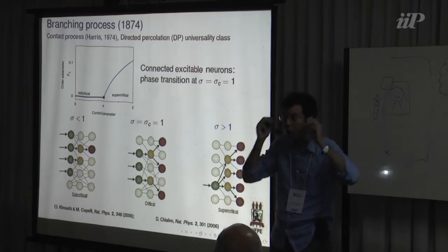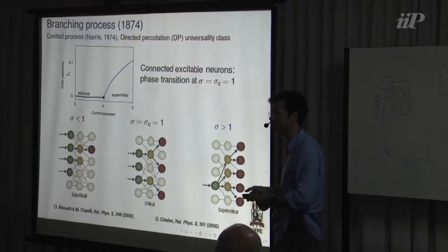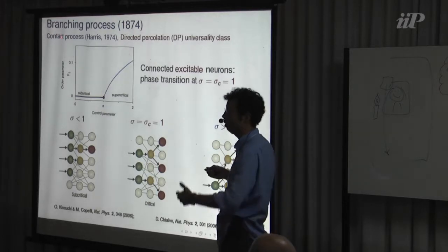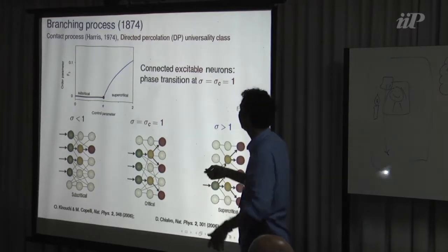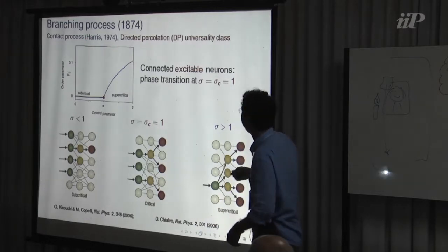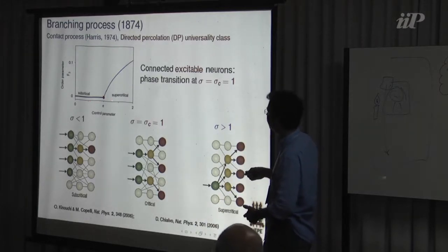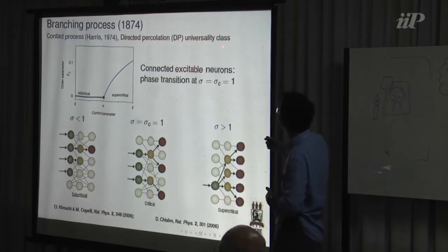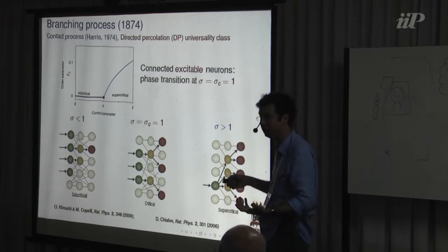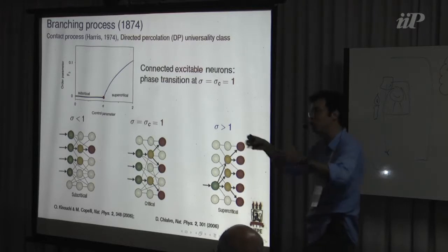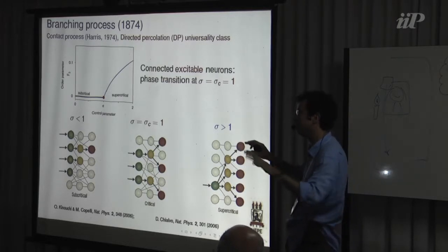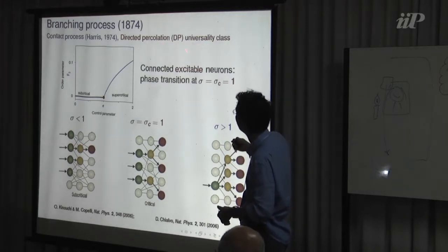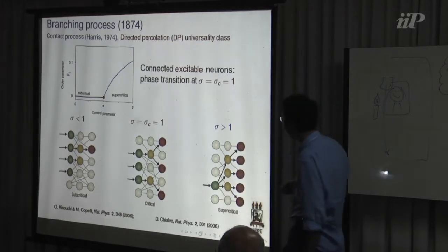Yes, the Galton-Watson process, which was then revisited and, well, reinvented, put on a lattice by Harris in '74, and then this kind of phase transition nowadays belongs to the directed percolation universality class, in the sense that it doesn't matter how much you change your model, well, if you don't change too much, it will give you the same exponents as the directed percolation model, this kind of model.